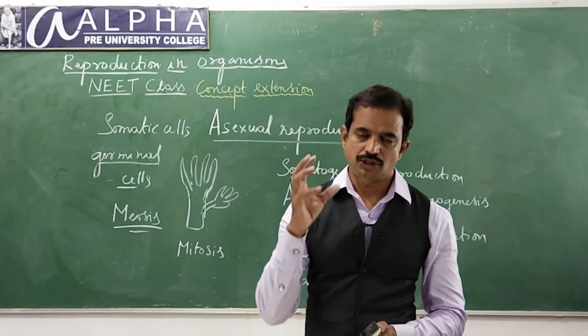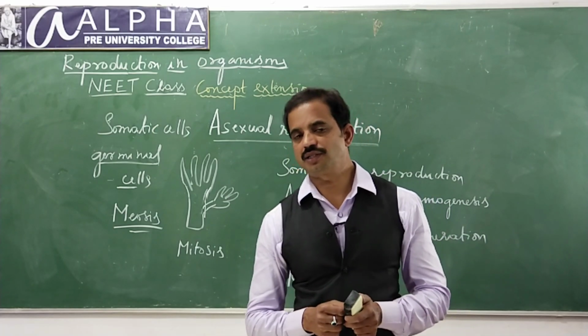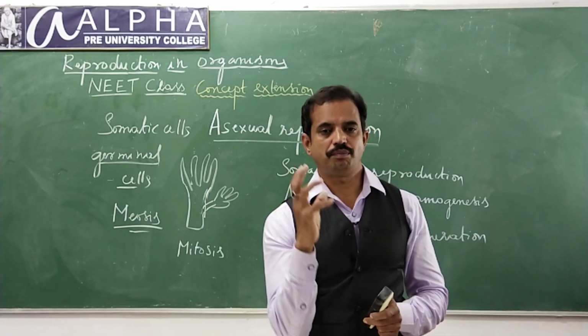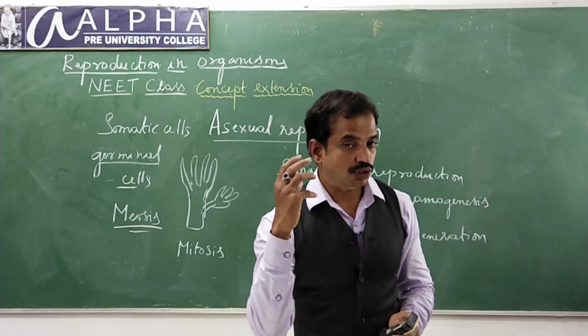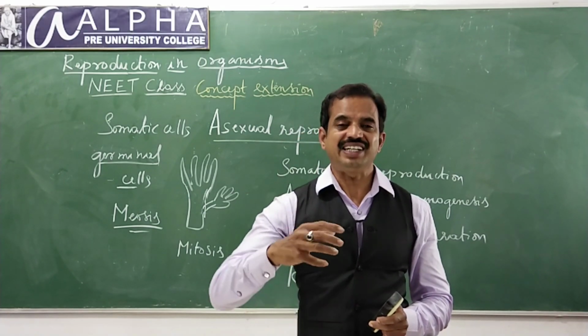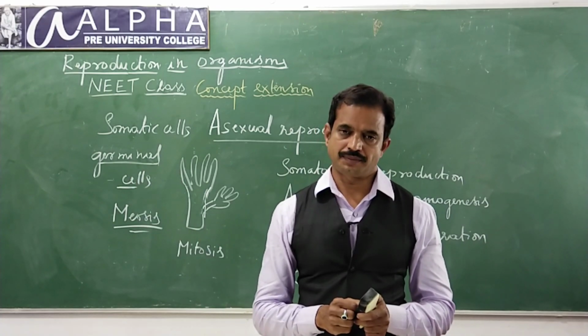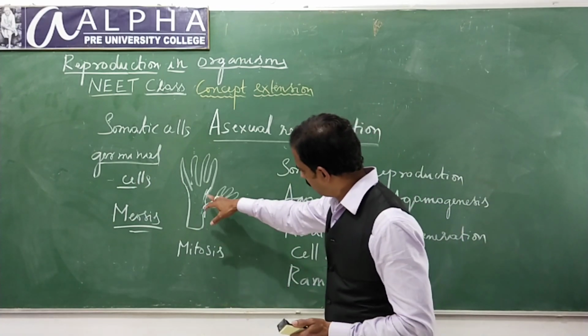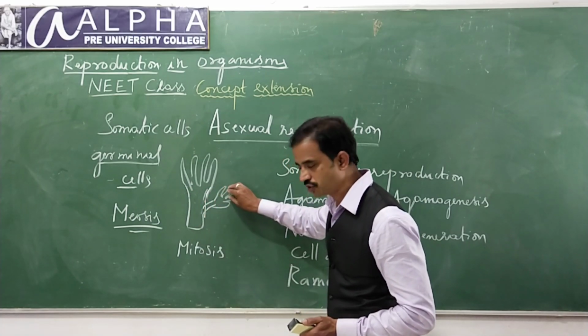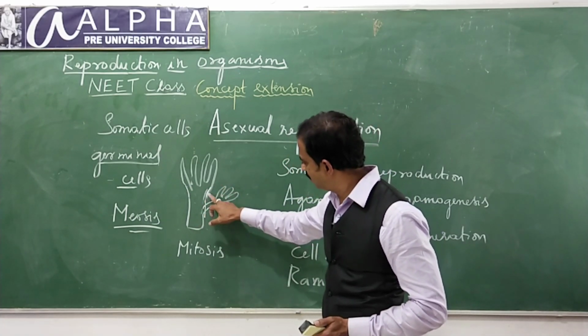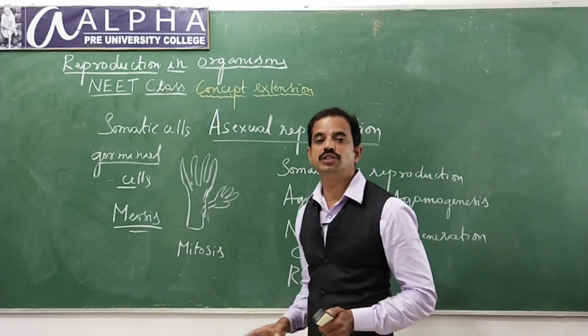So, in case of asexual reproduction, the vegetative part of a plant, which is made up of somatic cells, will give rise to vegetative propagules, right? And here, somatic cells, the part of the body of the animal, extend to form a bud, which will eventually detach and develop into a new individual.